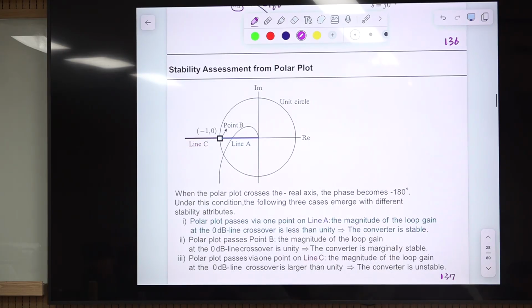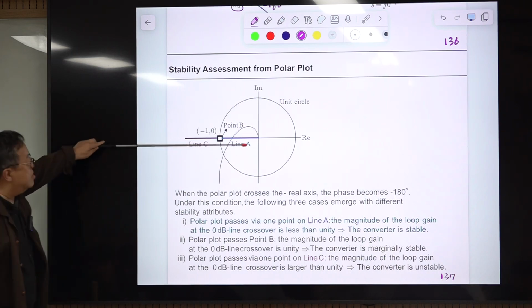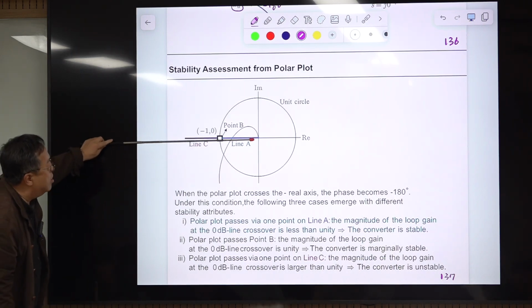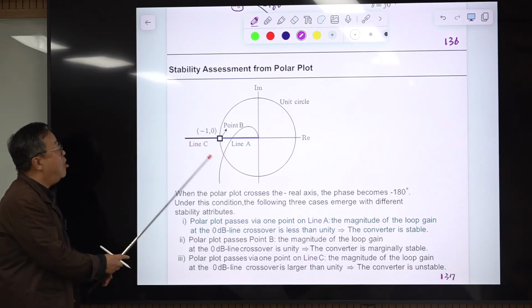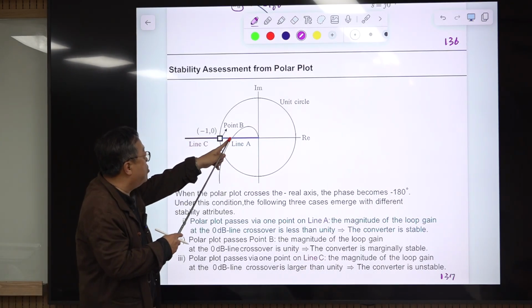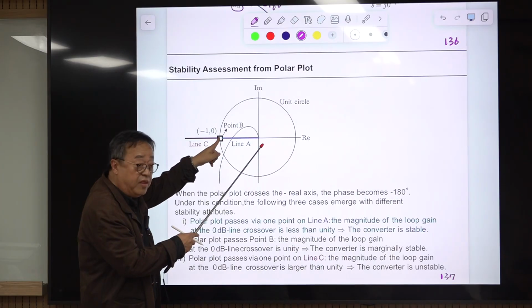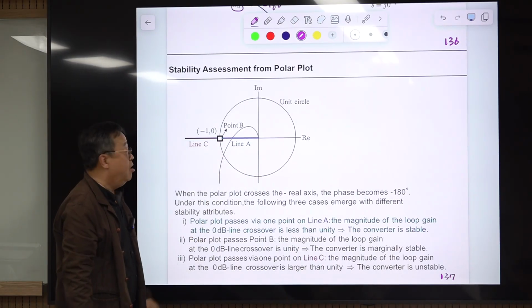Then the stability assessment is very, very simple, okay. When the phase becomes minus 180 degrees, okay, that means this polar plot crosses the negative real axis. If the magnitude at that point is smaller than 1, the system is stable.